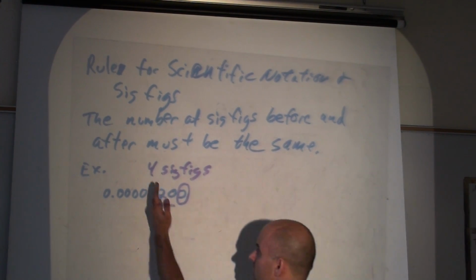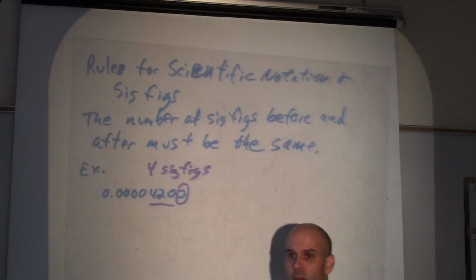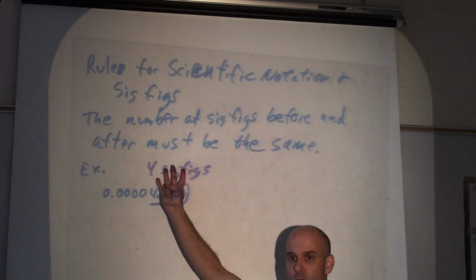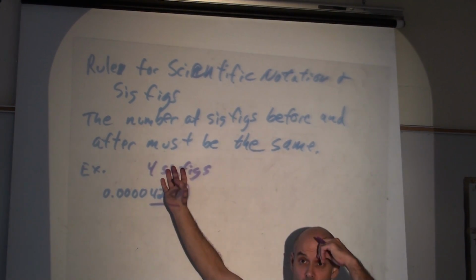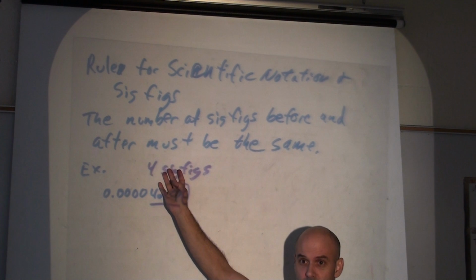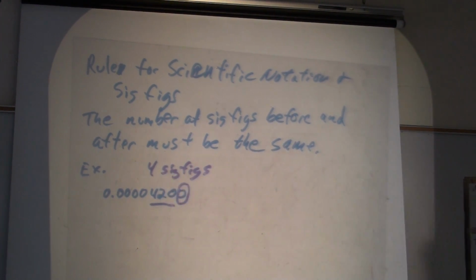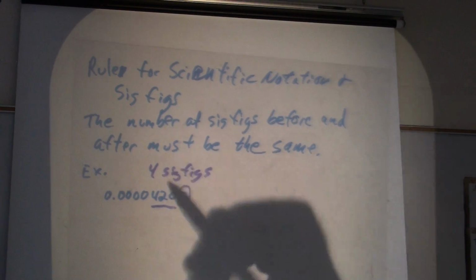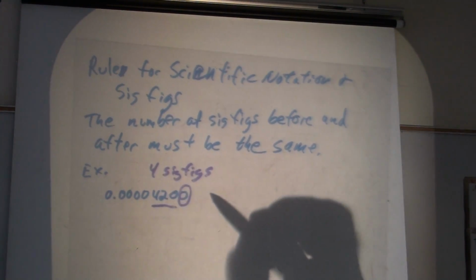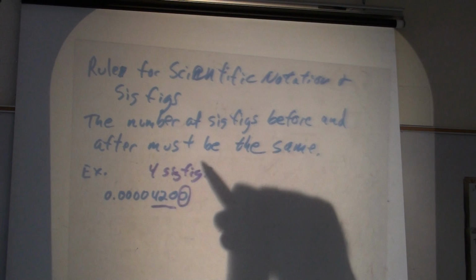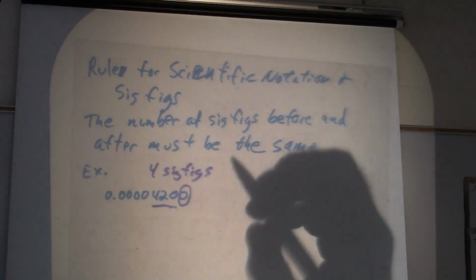So we have a total of 4 sig figs. These zeros are placeholders, they don't count. When I switch it to scientific notation, I must still have 4 sig figs.